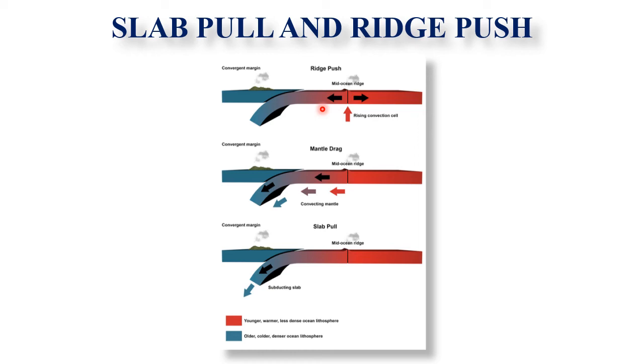The primary evidence for this is that the fastest moving plates, the Pacific, Nazca and Cocos plates, have extensive subduction zones along their plate margins. By contrast, the spreading rate in the North Atlantic Basin, which is nearly devoid of subduction zones, is one of the lowest, at about 2.5 centimeters per year.